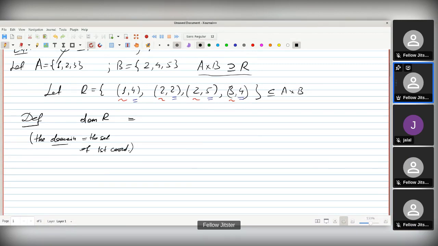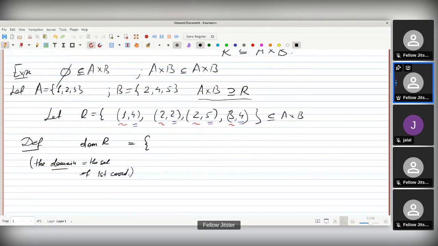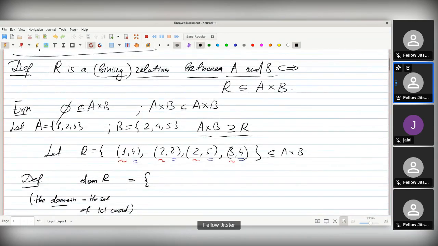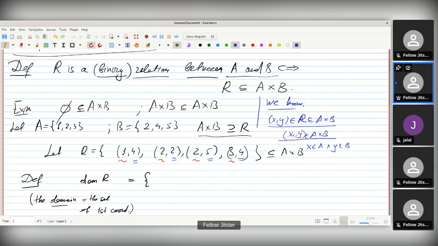What is it? Formally, the domain is a subset of A. Every first coordinate of a pair from R must belong to A. We know that if a pair (X, Y) belongs to A times B, it is enough to state that X belongs to A and Y belongs to B. We proved this fact last time.